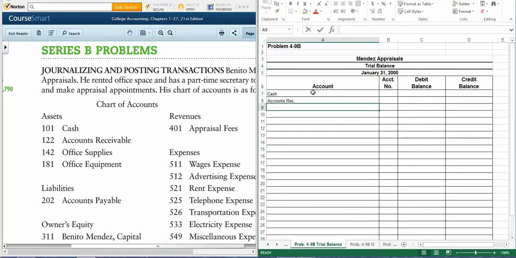Cash, accounts receivable, let's keep on going. This just makes one less thing we have to do later.